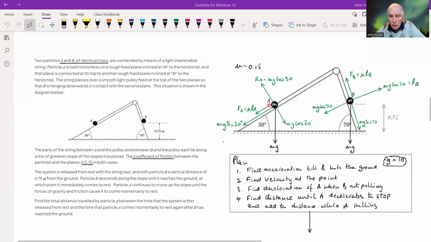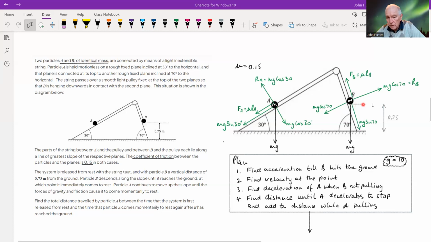So we've got the resolved part of the weight coming down here, and also the force of friction, which is equal to mu times the reaction force. And we've got the same situation here with the resolved part of the weight perpendicular and the reaction force. Right, okay. So that's the setup.